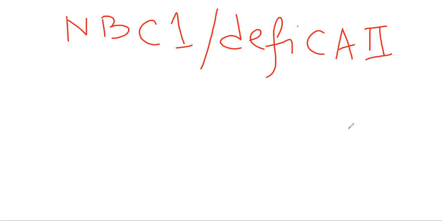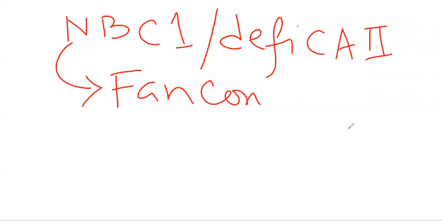These two types of problem are seen most typically in Fanconi syndrome. So Fanconi syndrome is one of the most important causes of proximal renal tubular acidosis. Fanconi syndrome can also be produced due to some drug toxicity.